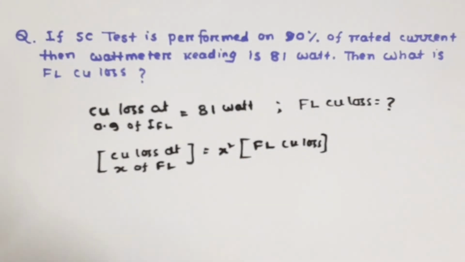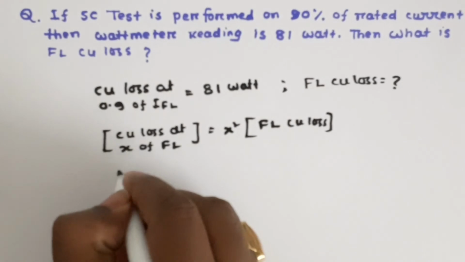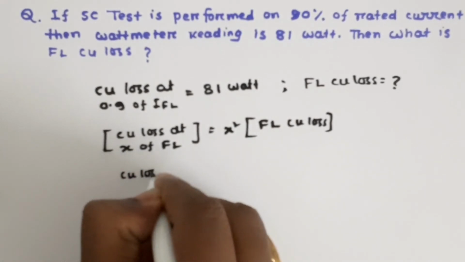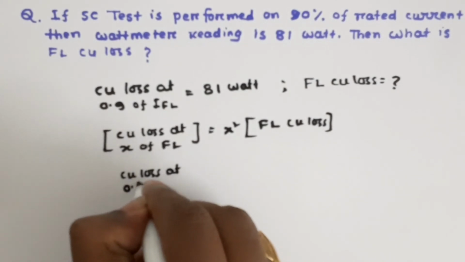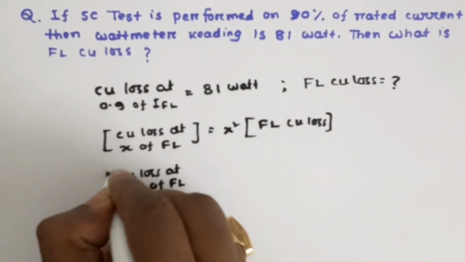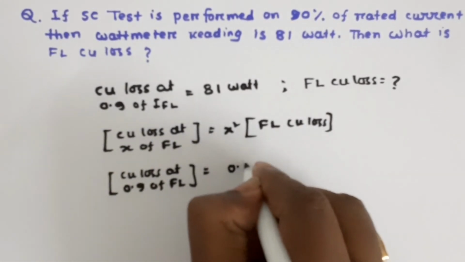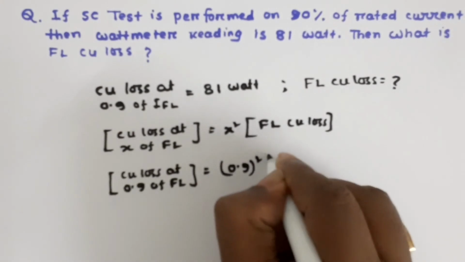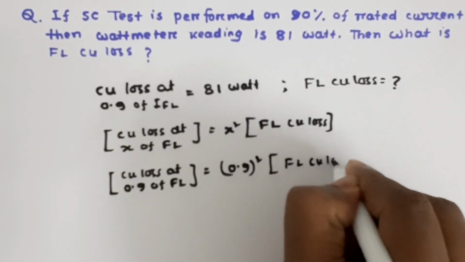Therefore, the copper loss at 0.9 of full load is given by 0.9 square into full load copper loss.